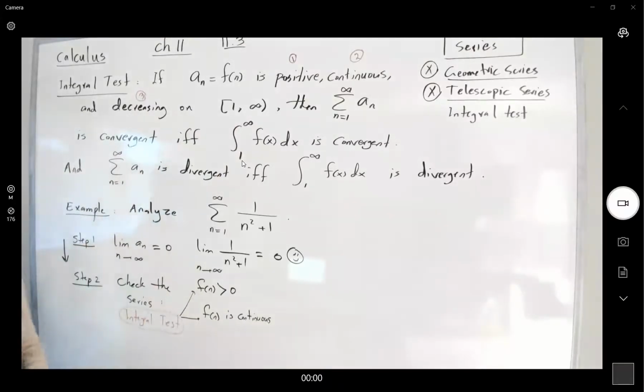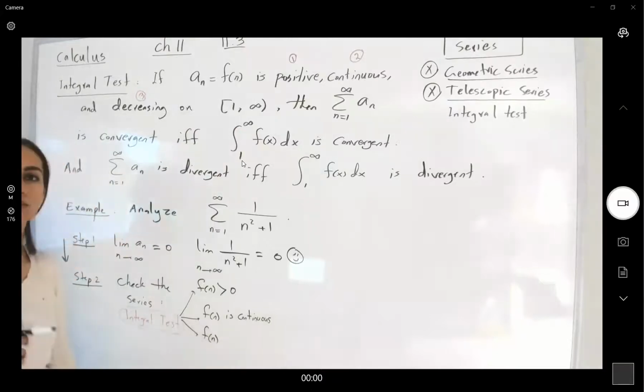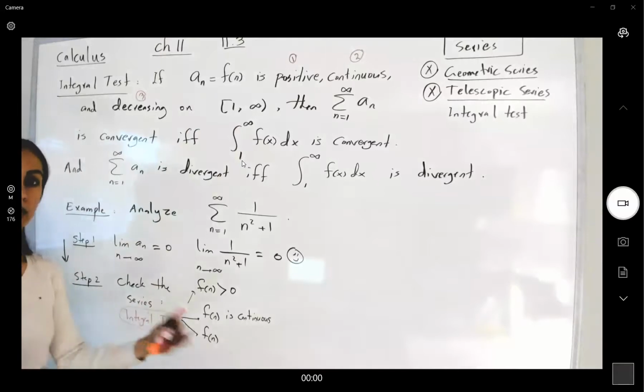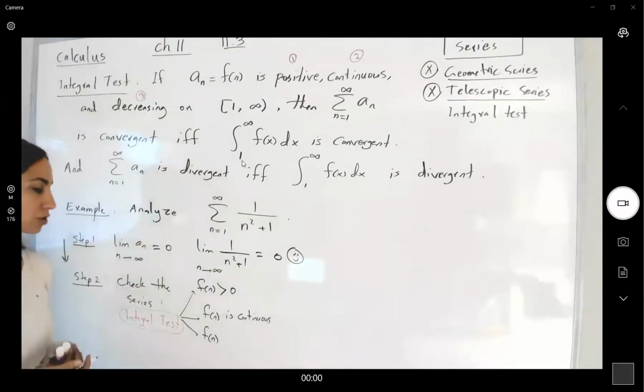Is it decreasing? To check that, let us take the derivative of this function. Remember that you can either apply the definition, n is less than n plus 1, then f of n is larger than f of n plus 1, or you can take the derivative.